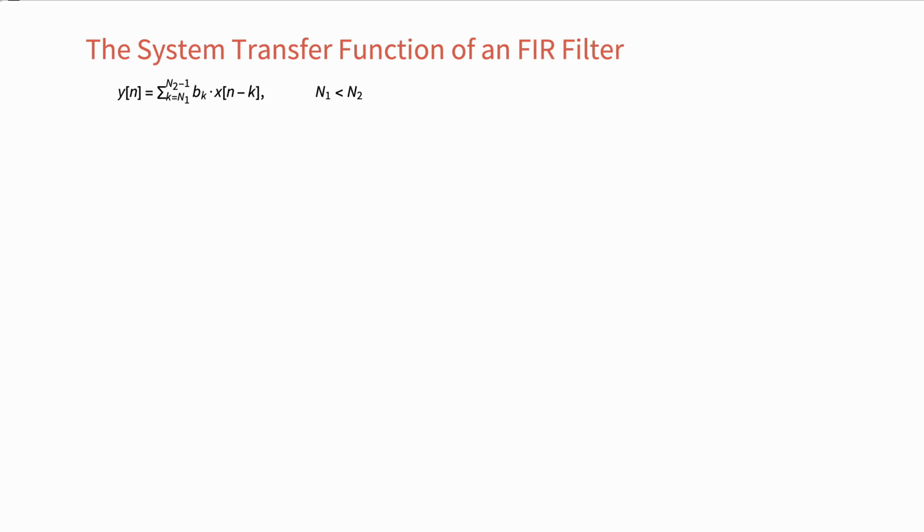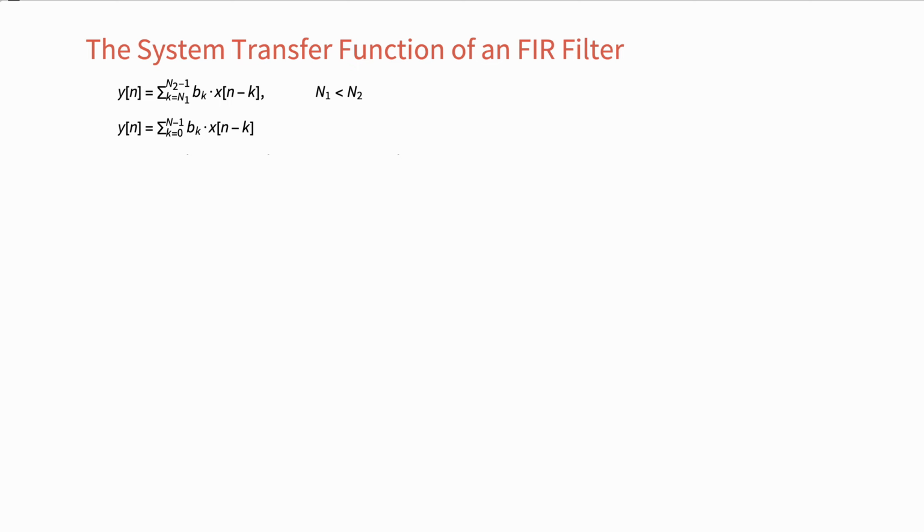For a discrete time non-recursive LSI system or an FIR filter, the input-output relation is described by the difference equation shown here. Without loss of generality, we can set n1 equal to 0 and n2 equal to n and get a simpler version of the difference equation.